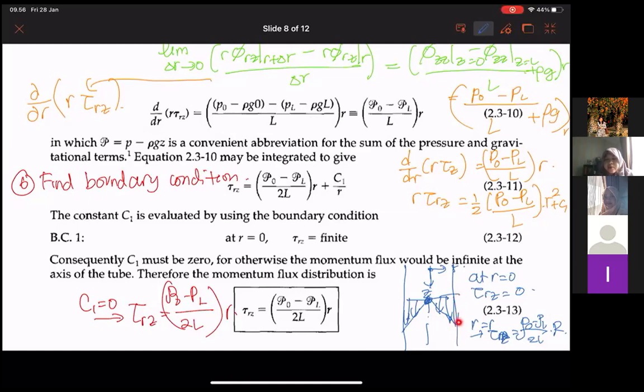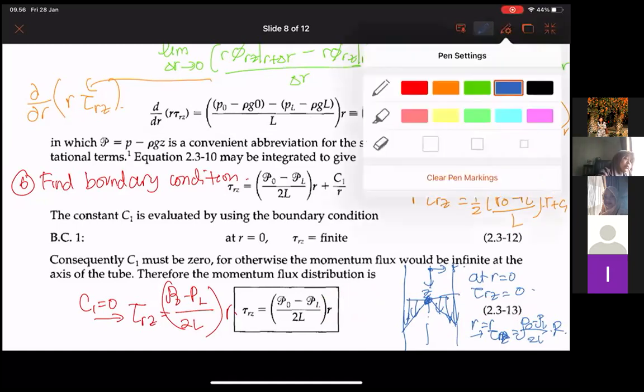And then if you look at the equation, it is linear, so it's going to increase steadily in a linear direction, right? Okay, so this is called the momentum flux distribution.